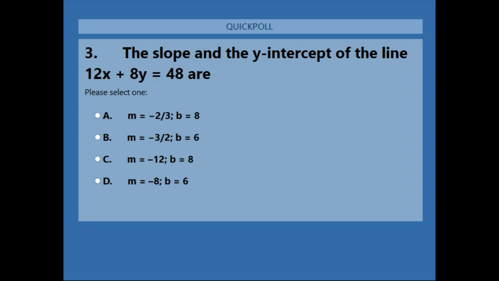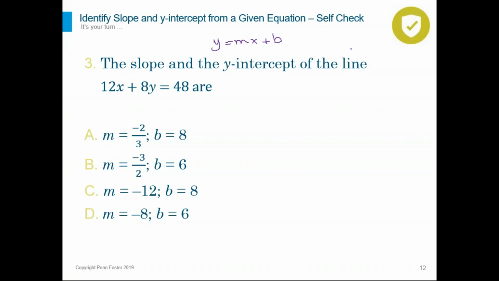Okay, let's do the question together. Again, we're given an equation that's not in slope-intercept form. So our job is to change this equation without changing the actual original equation. We're just going to change the looks of it.